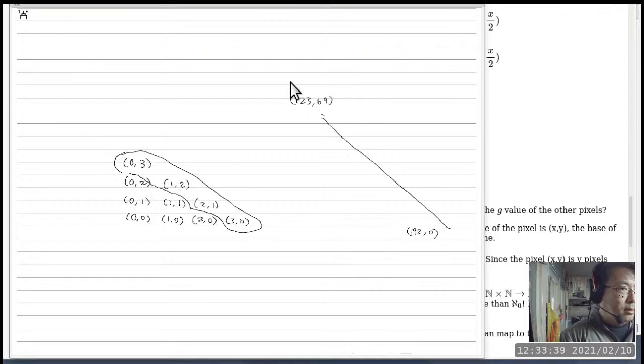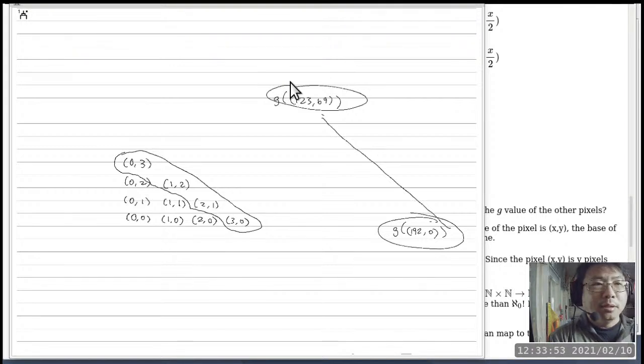Is that okay? So we want to find out the g value of this thing here, but we already know how to find the g value of this thing here. So now the question is, how do we go from the g value here all the way to the g value here? But that is really easy, because everything along the diagonal line is just plus 1, plus 1, plus 1, plus 1, all the way to the pixel that we actually want.